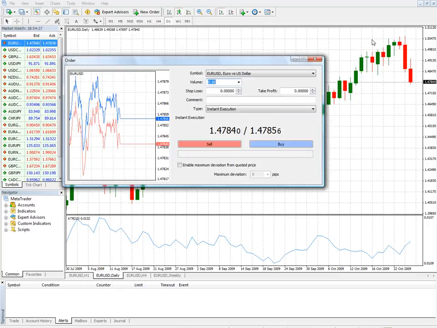So rather than risking $1,000 per trade, we're risking $100 per trade by setting ourselves up in this fashion. The $100 per trade turns out to be 2% of our total account equity at the start of trading.